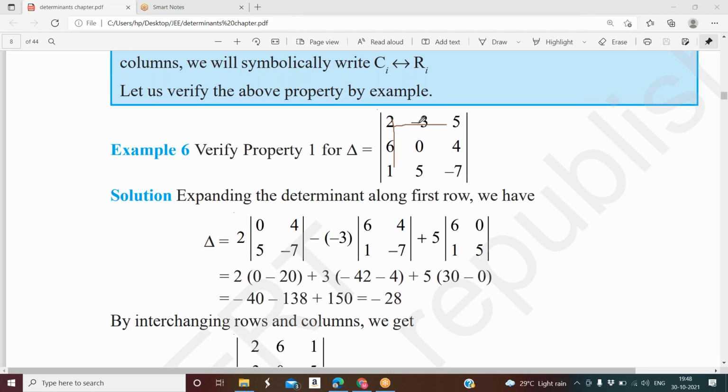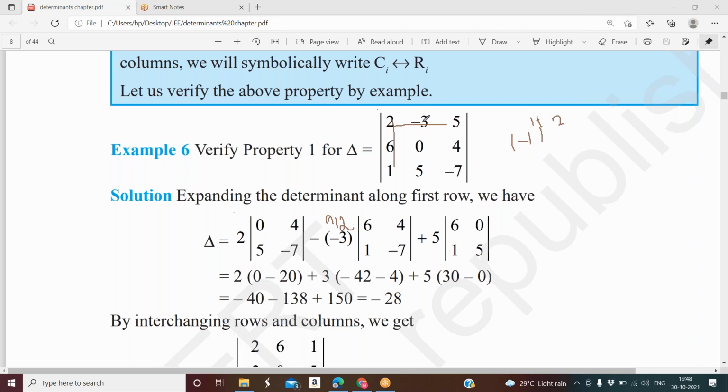Then we have to consider minus 3, the next element in the first row. This is A12, which is minus 3. Since A12 is minus 3, I will have a negative sign here because minus 1 power 1 plus 2 is minus 1 cubed, which is minus 1.